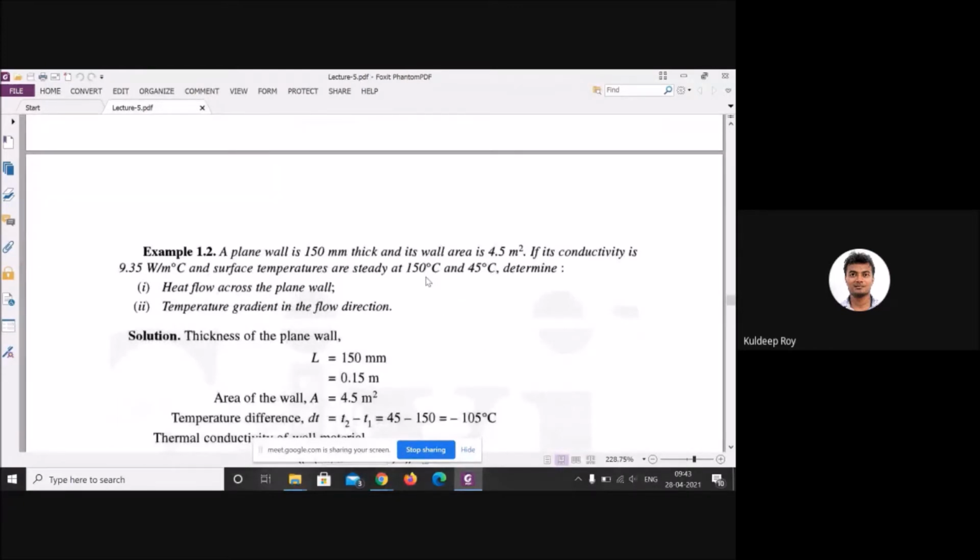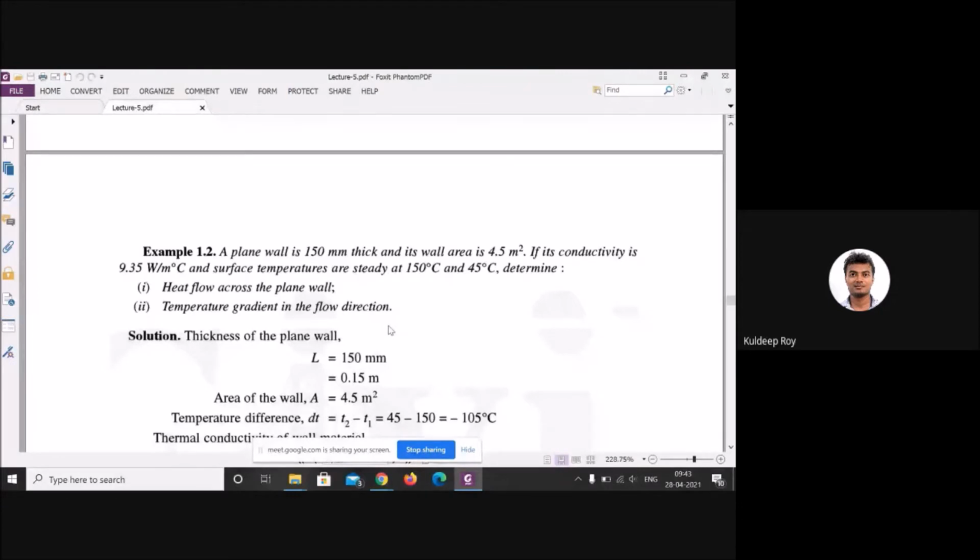Here the plate thickness is 150 mm, so in meters it is 0.15 meter, correct? The area is known, 4.5 meter square. Then determine the difference, delta T; thermal conductivity is known.